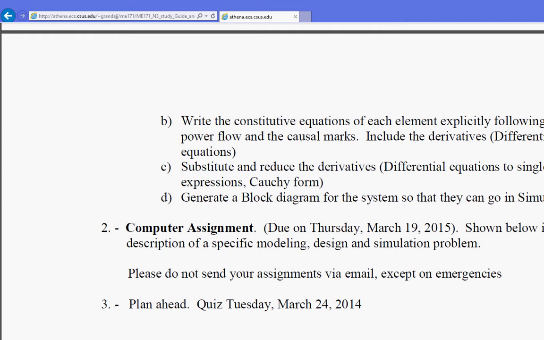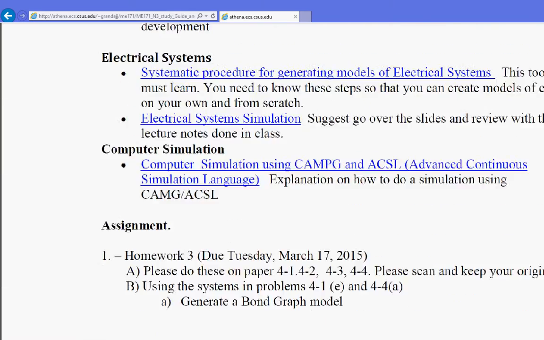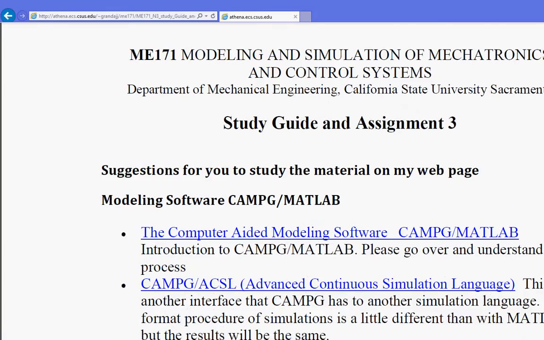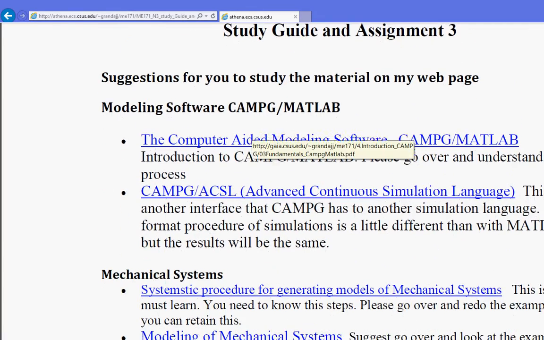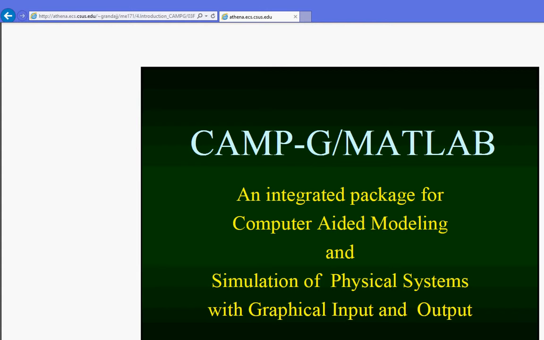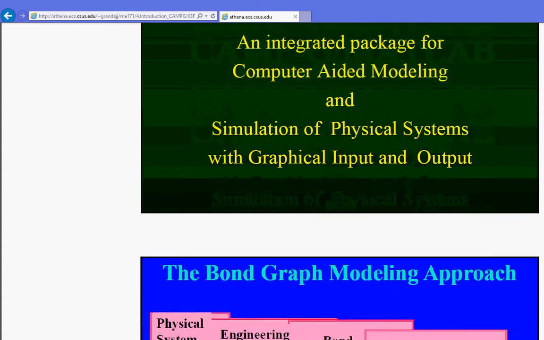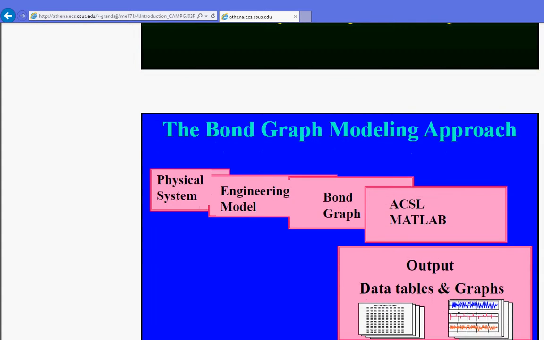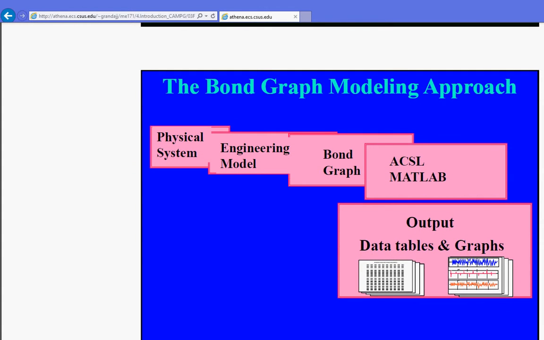But in any case, let's go over here and take a look at what we have with the computer simulation introduction to the CAMG MATLAB system. And here, this is the approach that we use. First of all, we have a physical system, and then we look at an engineering model next, and then we have a sketch of what the system is made of.